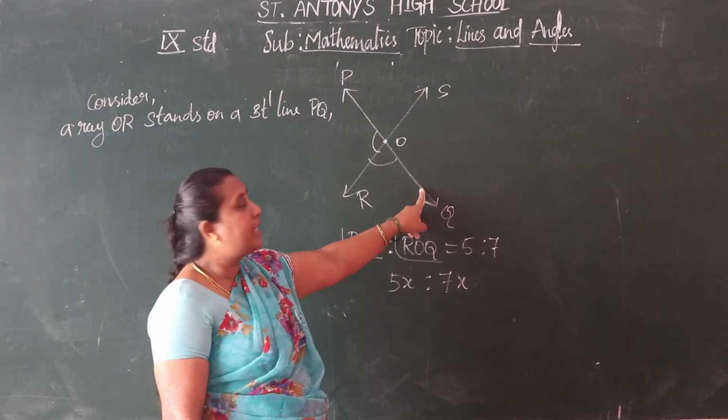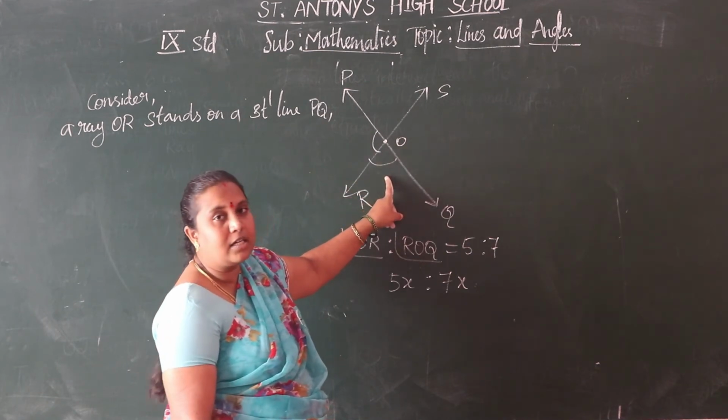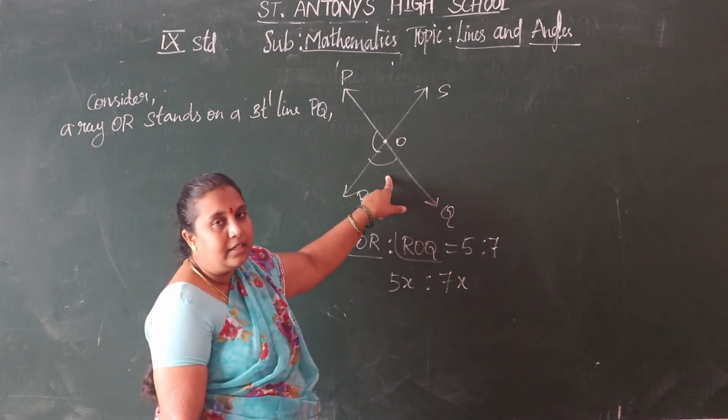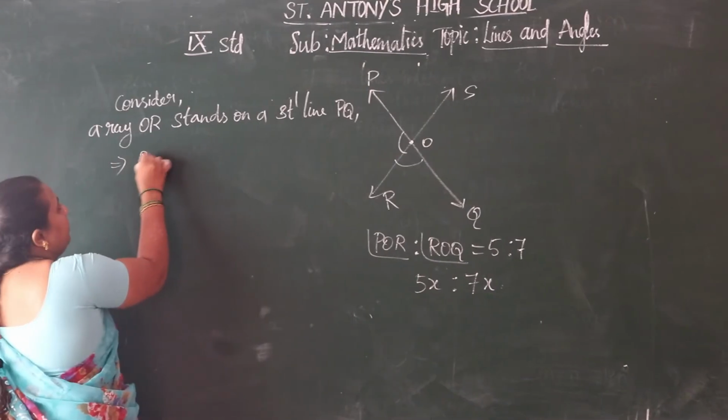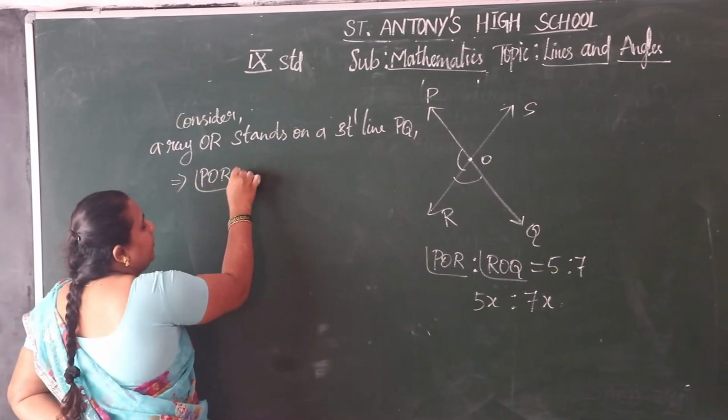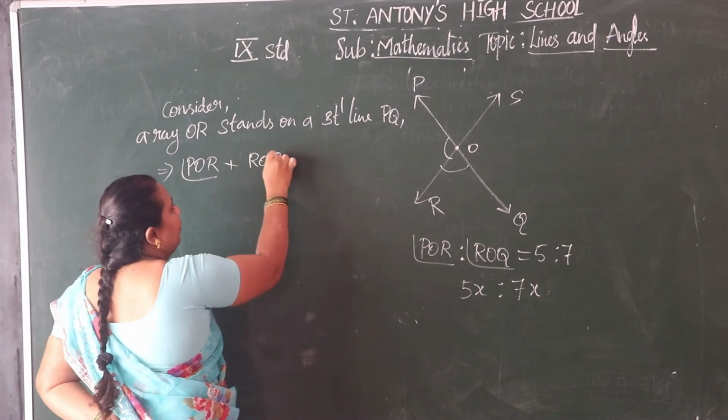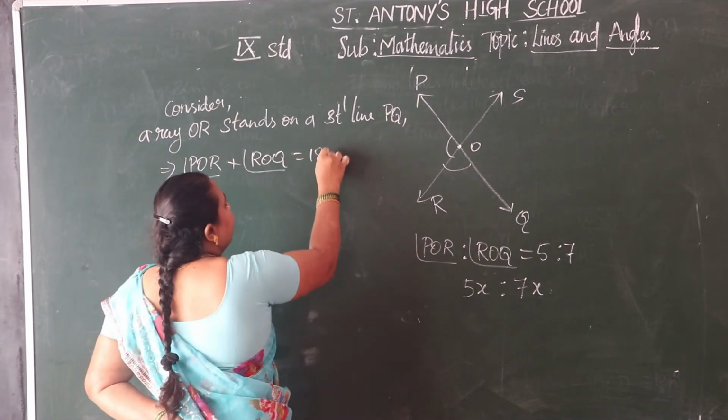That means the sum of these two angles equals 180 degrees by linear pair of angles. That is, angle POR plus angle ROQ equals 180 degrees.